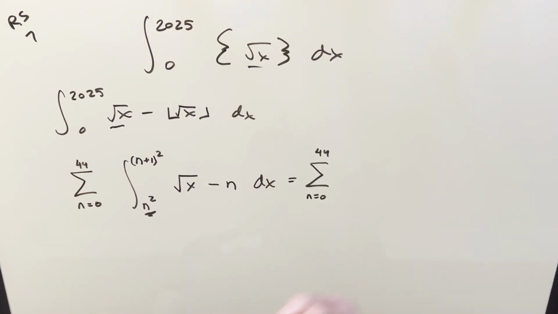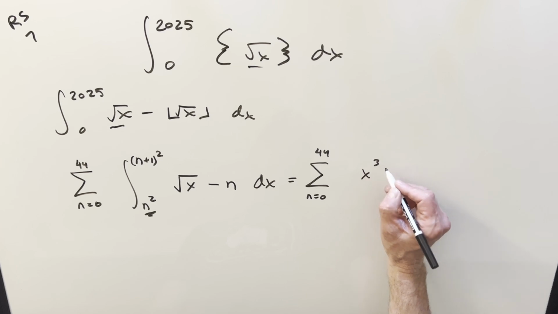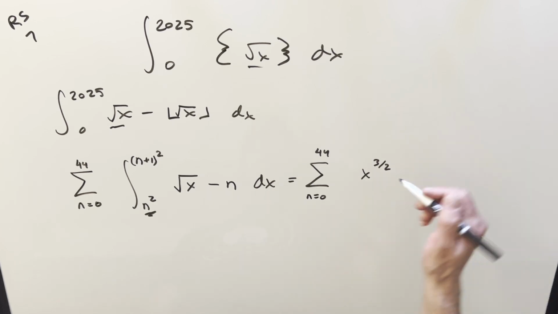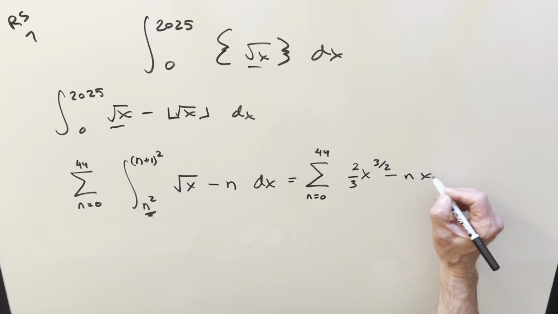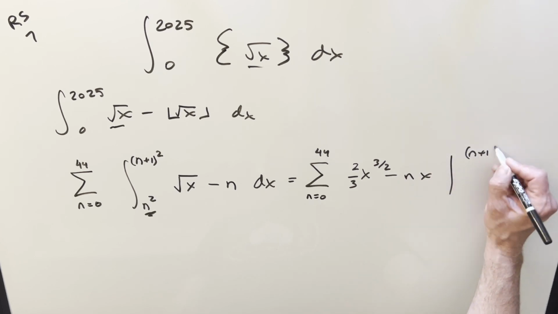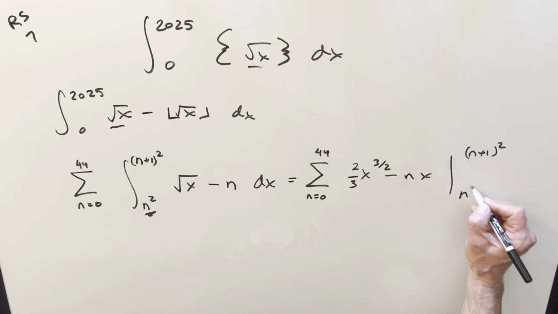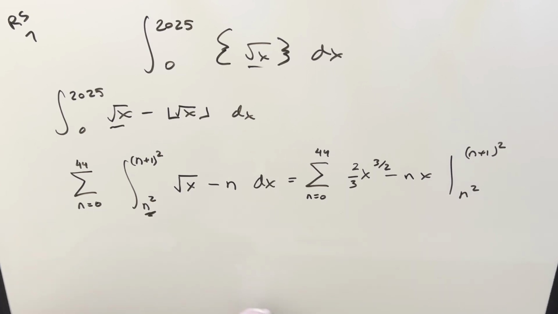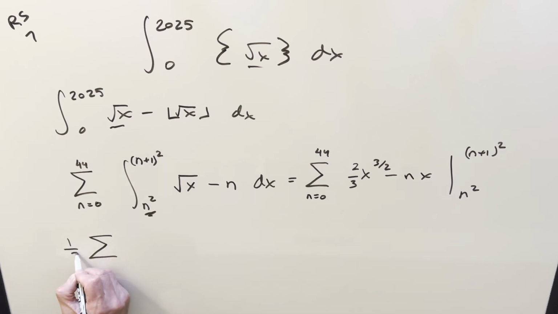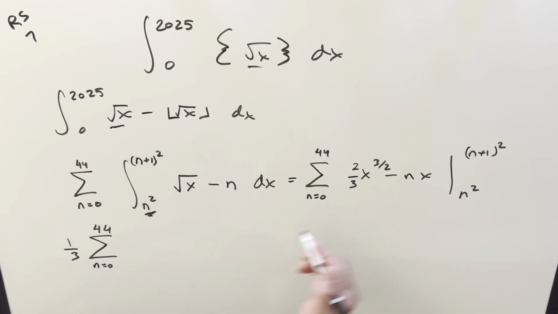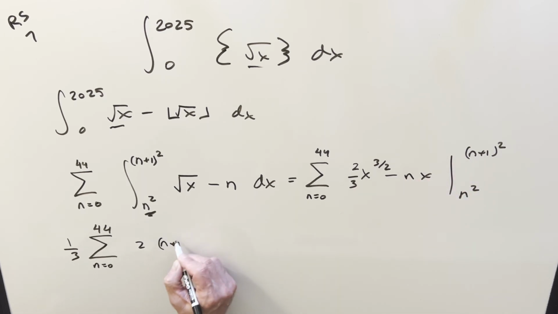Looking at square root of x as x to the 1/2, I can integrate this to x to the 3/2 with the 2/3 in front. This right here just becomes minus nx, evaluated from n squared to n plus 1 squared. Let's pull a 1/3 out just because I don't like having a fraction there. So if I pull 1/3 out and then we start to plug in, we have 2 times n plus 1 squared to the 3/2, which becomes n plus 1 cubed.